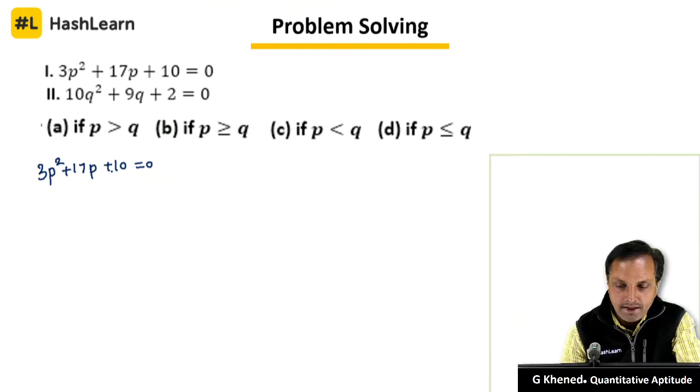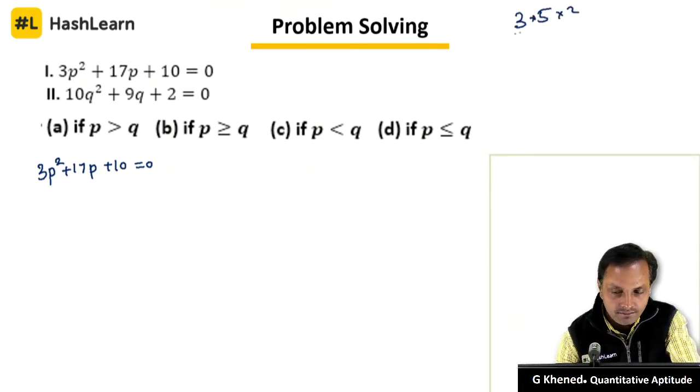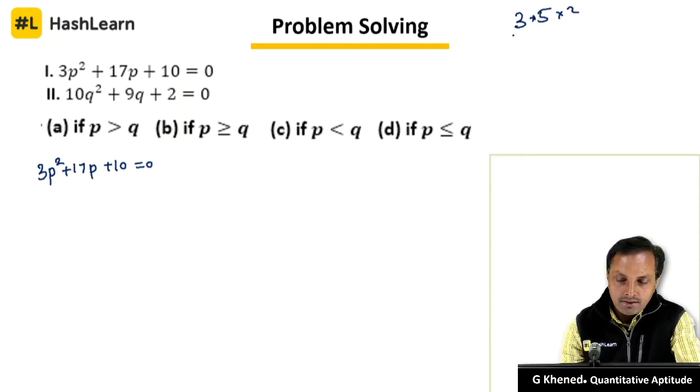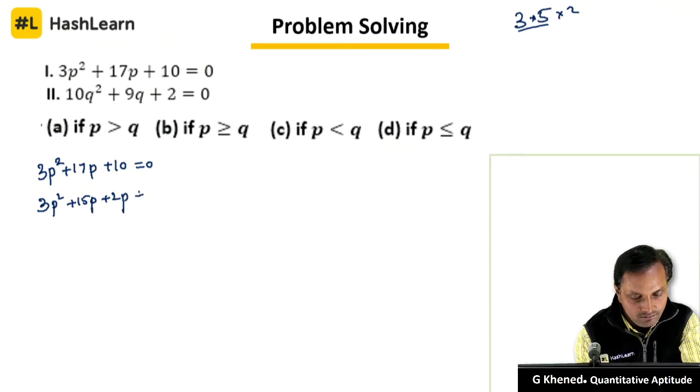If you solve the factors for 3 is only 3, 10 can be written as 5 into 2. So you should have 17, so 5 into 3 is 15 plus 2. Fifteen plus 2 is 17, so you will have 3p outside.